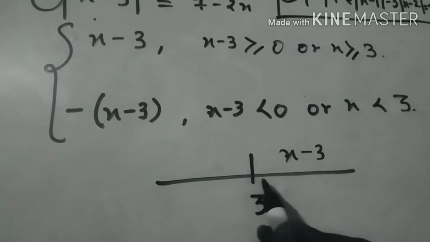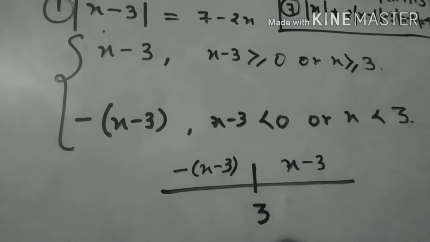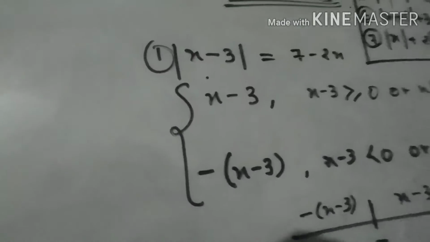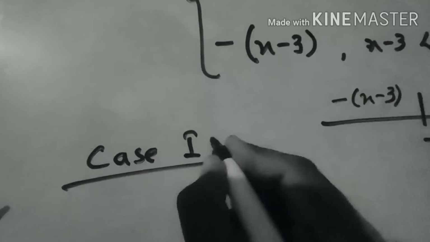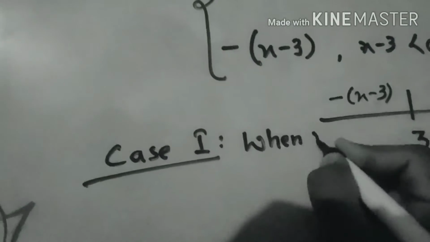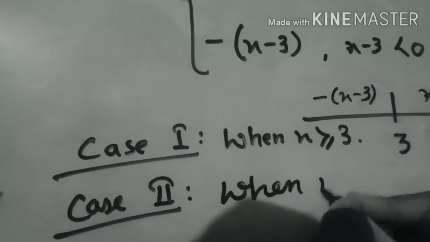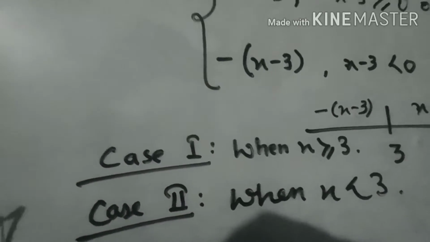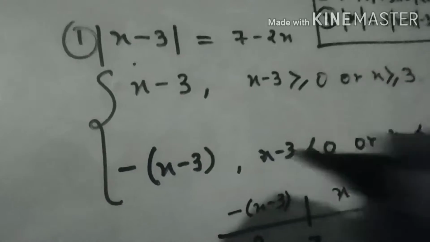If the value of x is less than 3, the value will be minus of x minus 3. So we will be plotting two cases. Case 1 is when x is greater than or equal to 3, and case 2 is when x is smaller than 3.